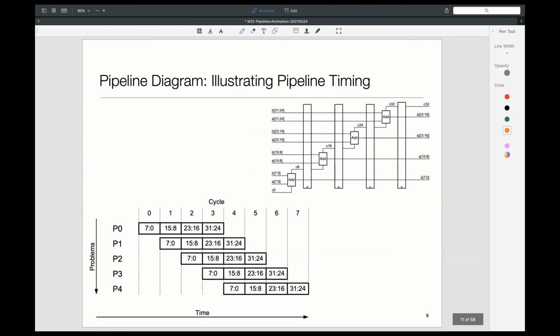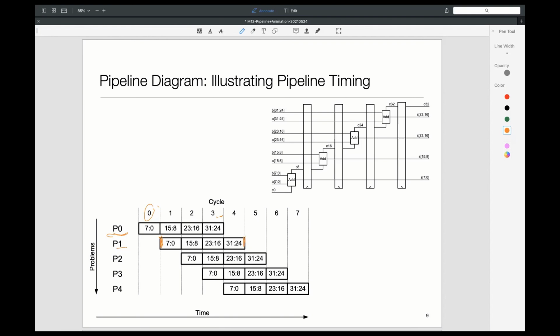And you can also see that from a timing perspective, P0, task number 0, will start in the 0th clock cycle and finish at the end of 3. Task number 1 will start in the next clock cycle and finish a clock cycle later, and so on and so forth. So what do we observe in this?